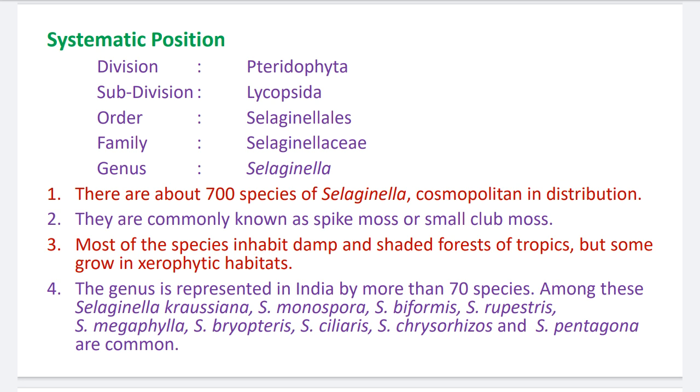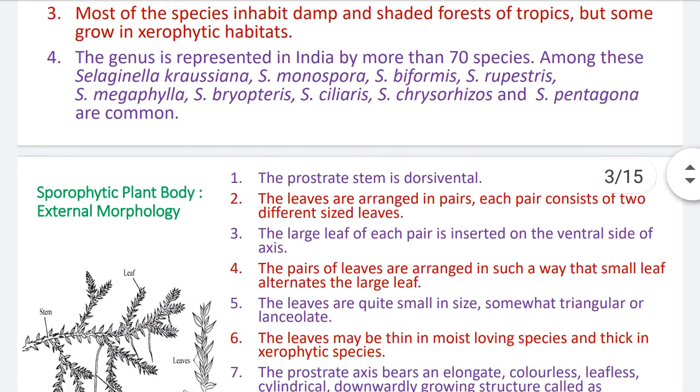Among these, Selaginella kraussiana, Selaginella monospora, Selaginella biformis, Selaginella rupestris, Selaginella megaphylla, Selaginella bryopteris, Selaginella ciliaris, Selaginella chrysorrhizos, Selaginella pentagona. These are the common Indian species.